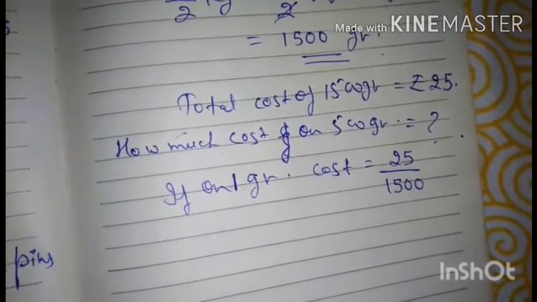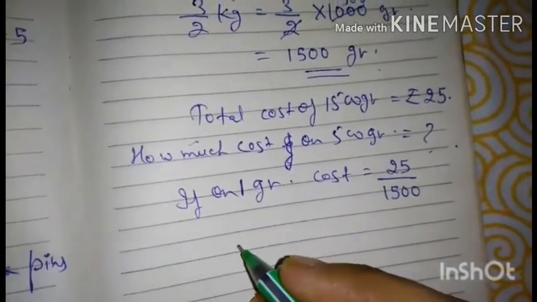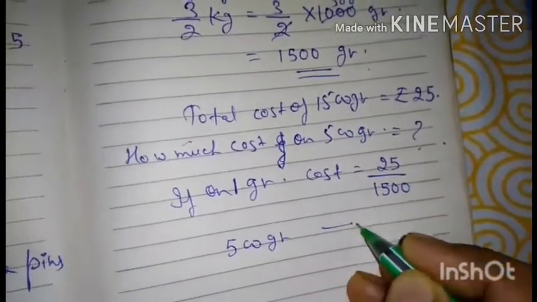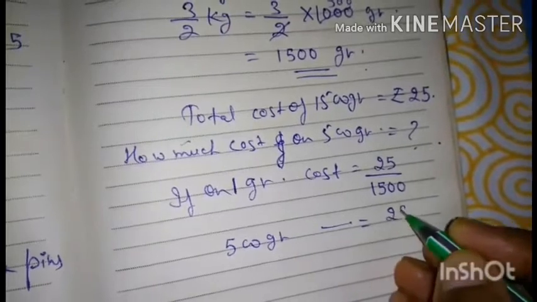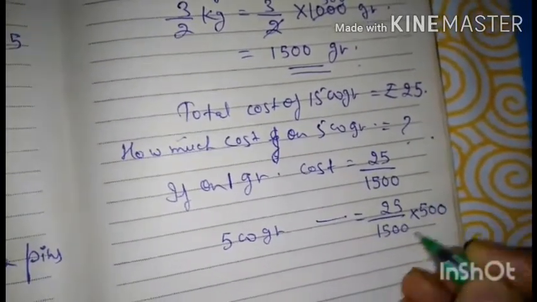Okay, 25 by 1500. Okay, so on 500, the cost is 25 by 1500 into 500.